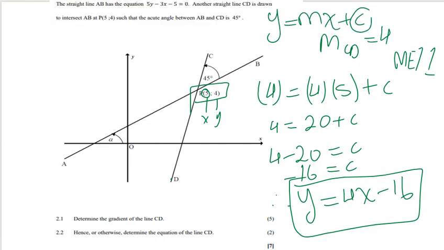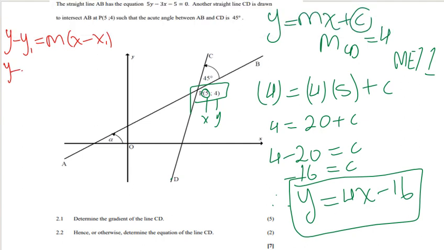So this is another formula for this. You say y minus y1 is equal to m into x minus x1. So in the place of y, you will substitute nothing.